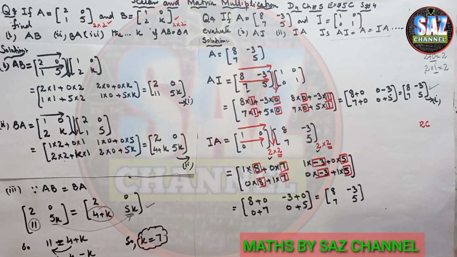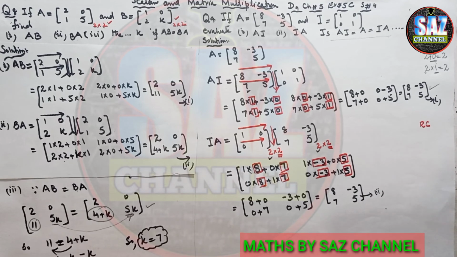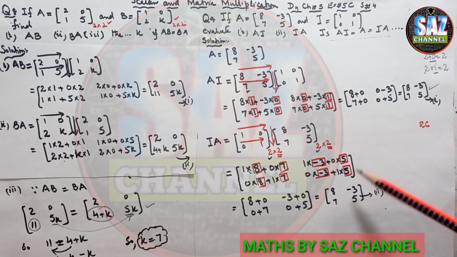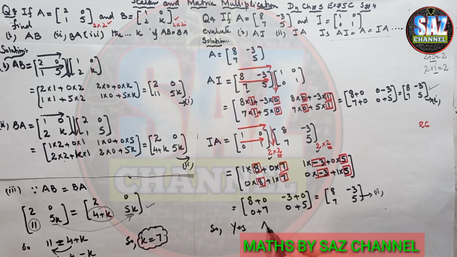Now if we compare this answer with the original matrix A, it is 8, 7, minus 3 and 5, and if we compare this answer with AI as well, that is also 8, 7, minus 3 and 5. Now it's time to decide whether AI equals IA equals A. Yes, AI equals IA, which is equal to A. And why is this happening?